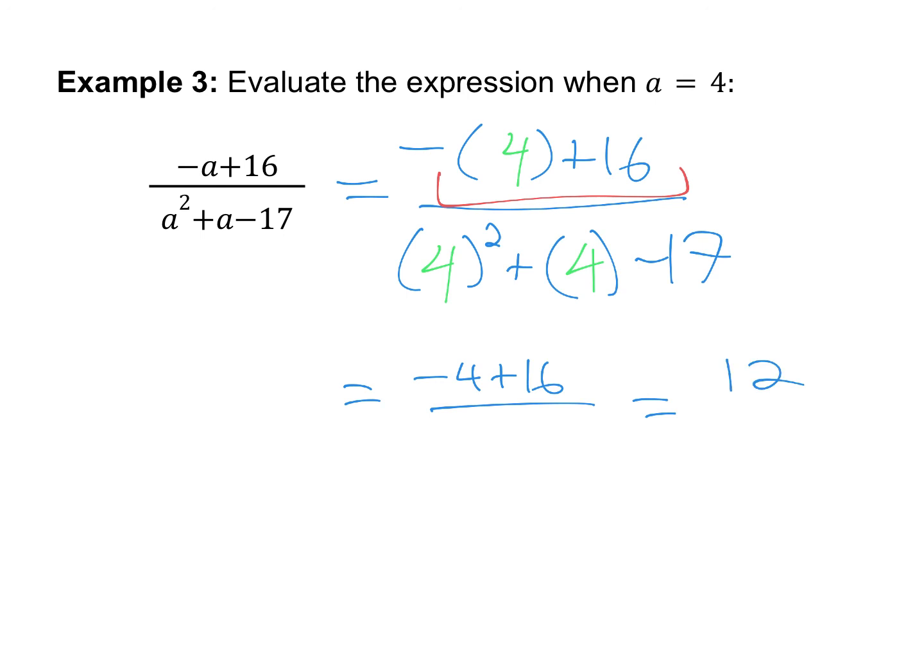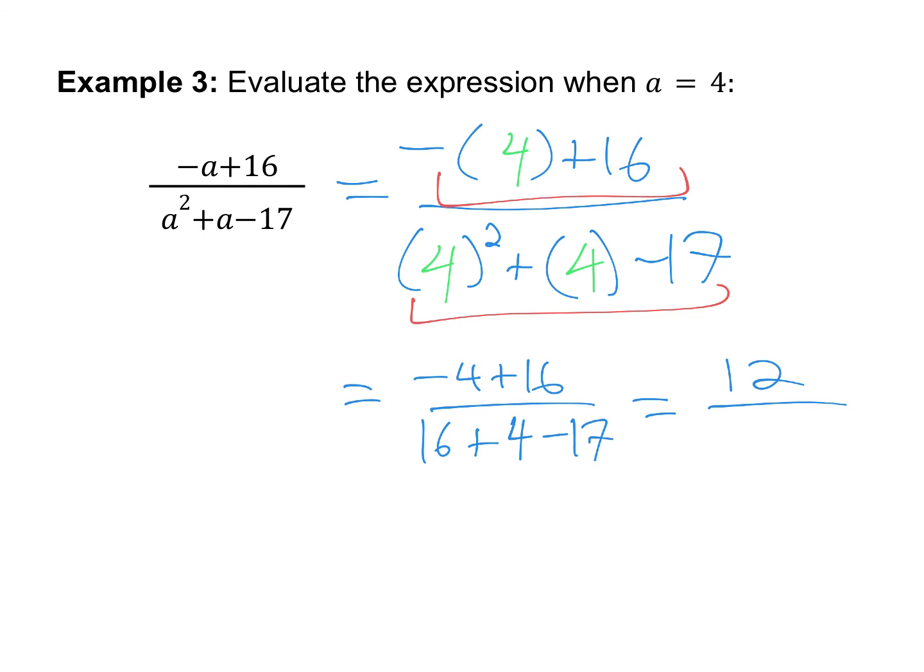All right, so I knew what the top was going to be, so I just jumped to simplifying the top before the bottom. Order isn't super important on these as long as you keep track of what you've done and what you haven't done. So I have not done anything with the bottom. PEMDAS, do exponent first, 4 squared, 16. The 4 is just a 4, and then minus the 17.